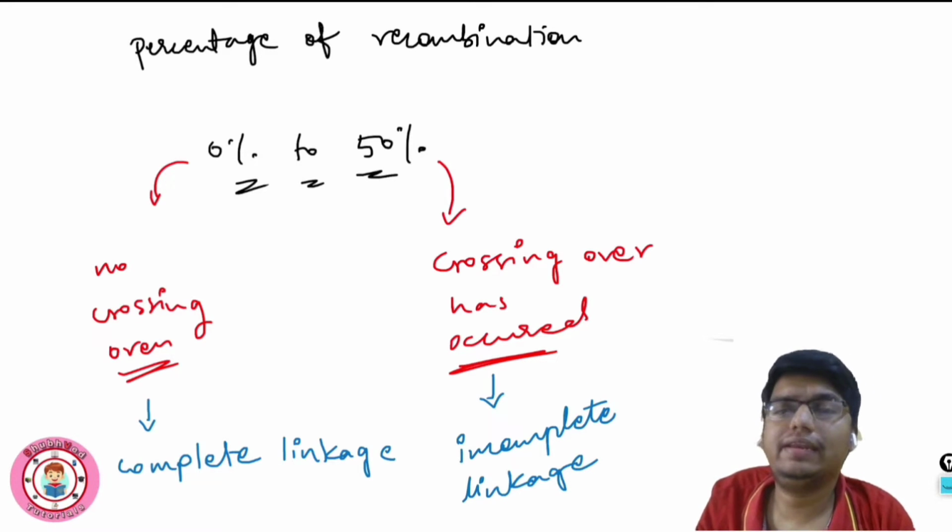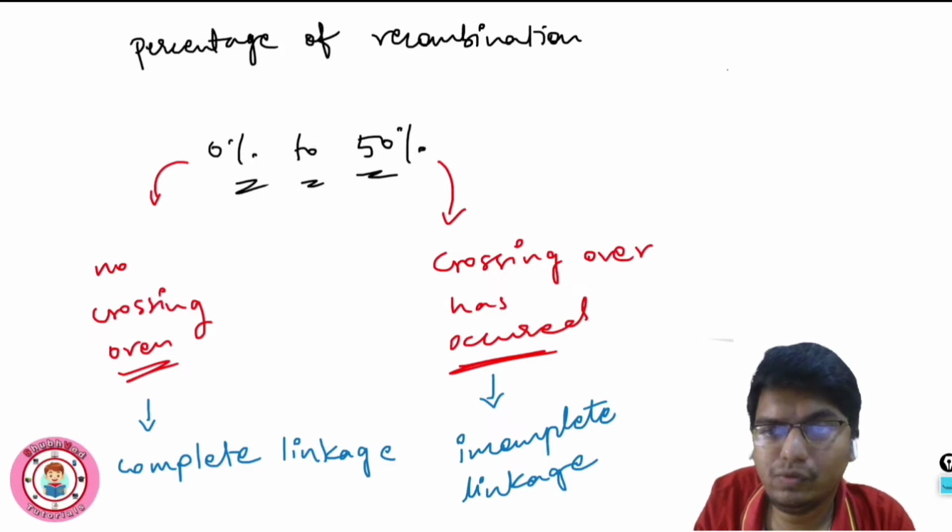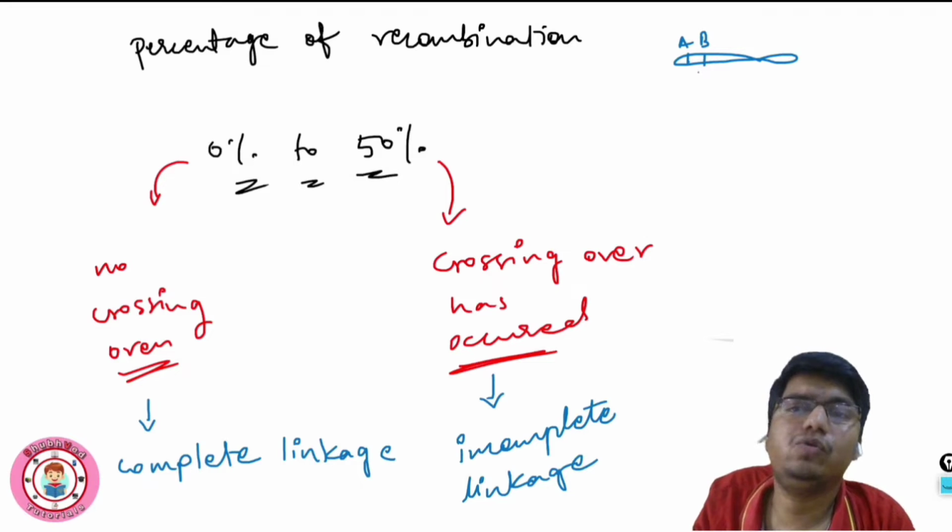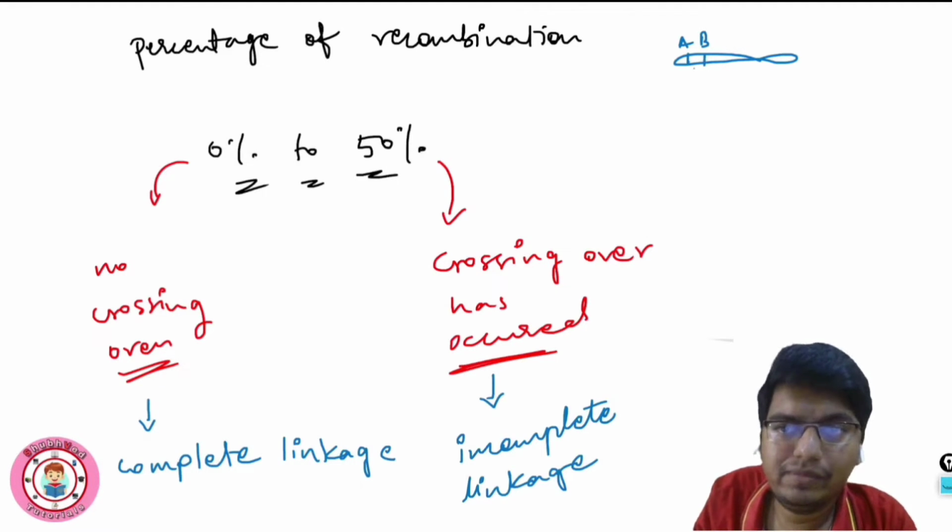Okay, so suppose this is a chromosome, again we will draw a chromosome, and if the genes are close to each other, then there will be no crossing over. If they are close, then they will come as it is.